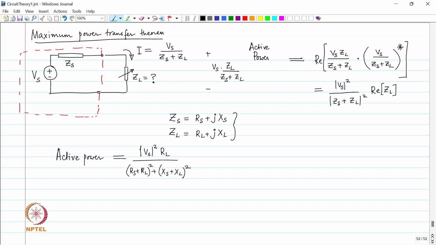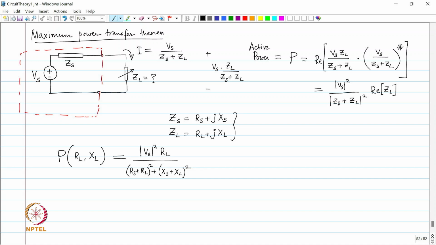So, let us call this P. And P happens to be a function of two variables. Which are the two variables? R L and X L. Fine. The power is a function of two variables R L and X L, and we have to maximize the power.